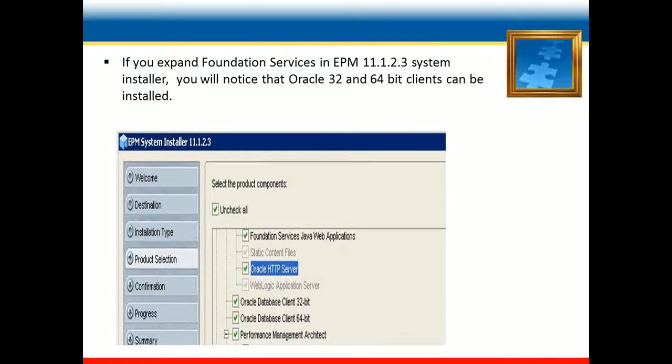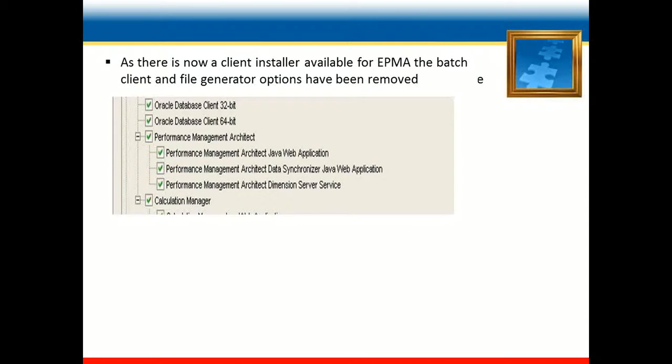So Oracle provides for EPM 11.1.2.3 the installer for Oracle Database Client, and the Oracle Database Client 32-bit and 64-bit clients are now available with the EPM 11.1.2.3 installers. And as there is now a client installer available for EPMA, the batch client and file generator options have been removed, as we can see in the screen like this.